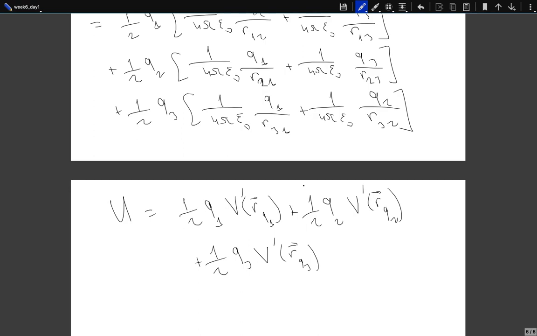I put a prime over there to mean that when you are calculating that potential at the point R, just calculate the potential of all the other charges, ignoring the charge at the position at which you are evaluating the potential. You just multiply the potential by the charge at that point to obtain the potential energy, but there is this additional 1/2 to avoid double counting.